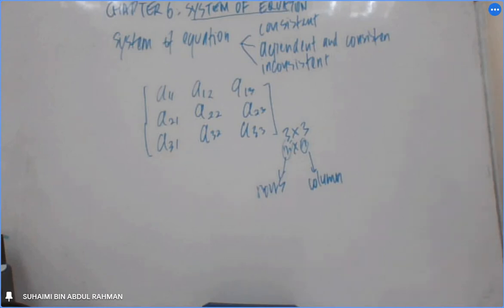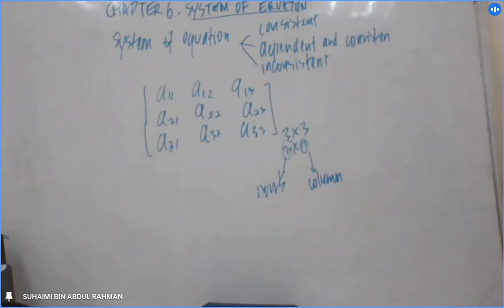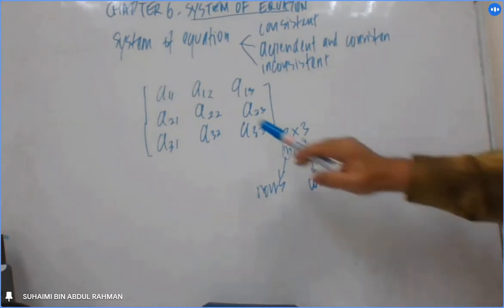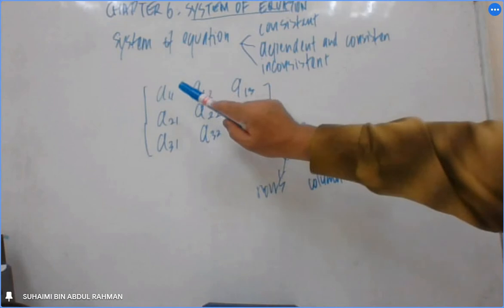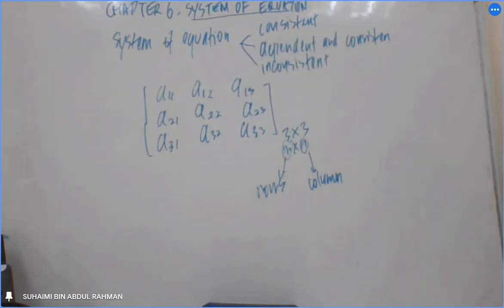We have row matrix, where the elements of the matrix are only in the first row. The rest are zero. That we call row matrix. We have also zero matrix where all the elements are zero. We also have identity matrix, meaning that all the values in the diagonal are one.